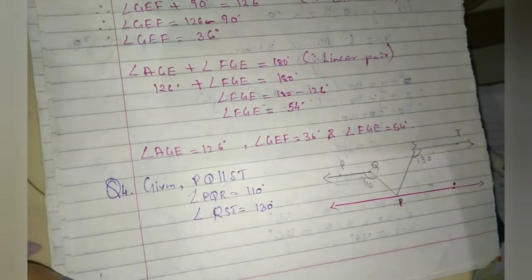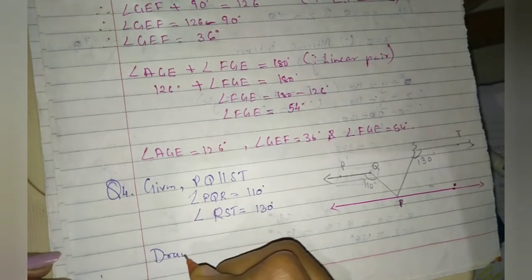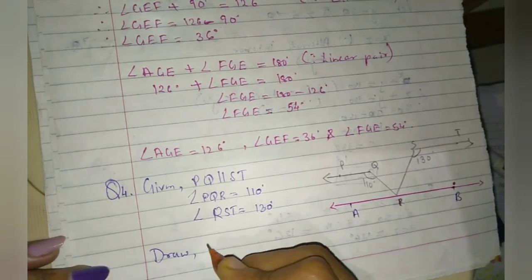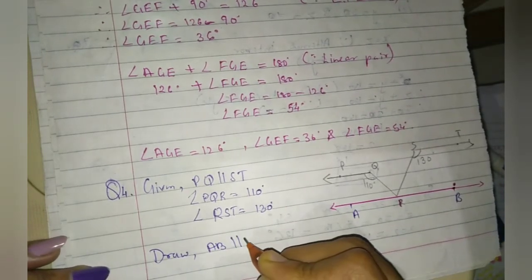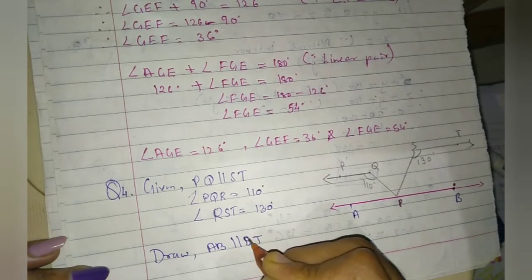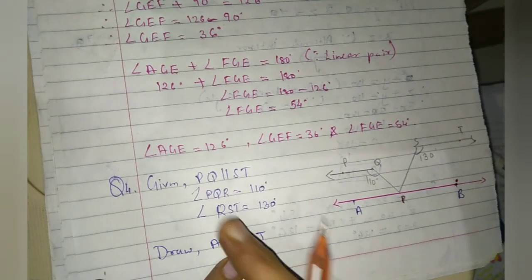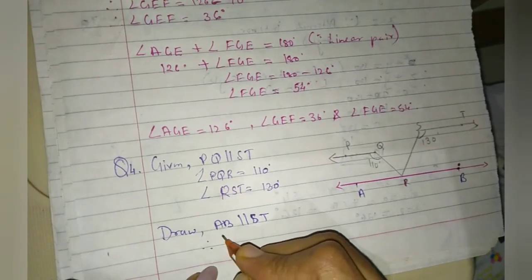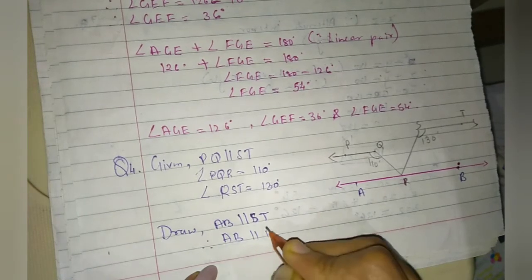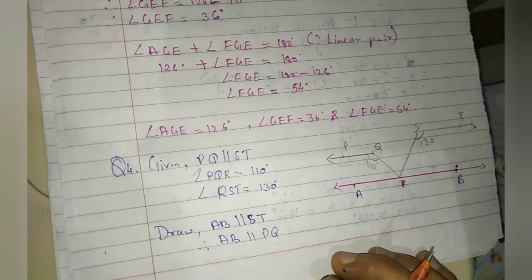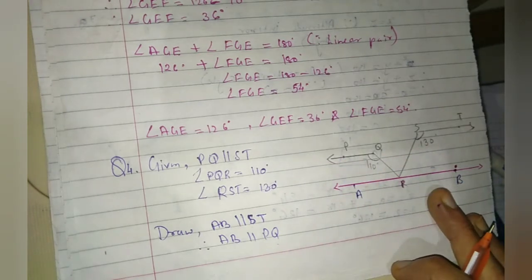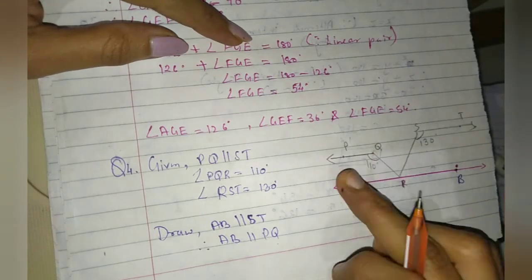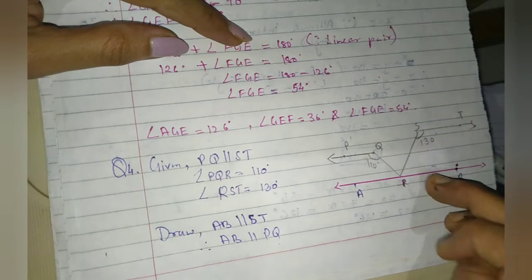Now we have to draw AB parallel to ST. Now here AB is parallel to ST and PQ is also parallel to ST. So we can write by the theorem that AB is parallel to PQ, right? If the same line is parallel to two other lines, then those two lines are also parallel. Now this line and this line are also parallel.